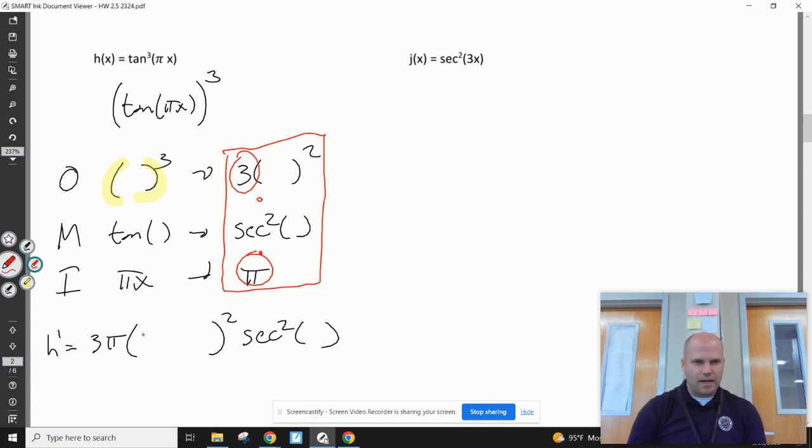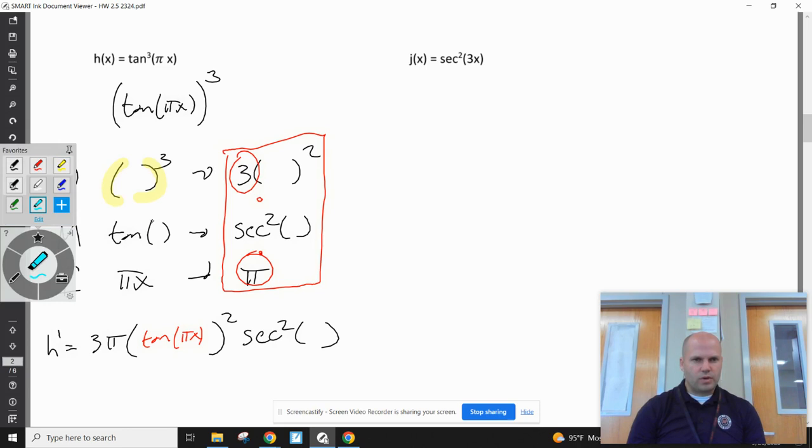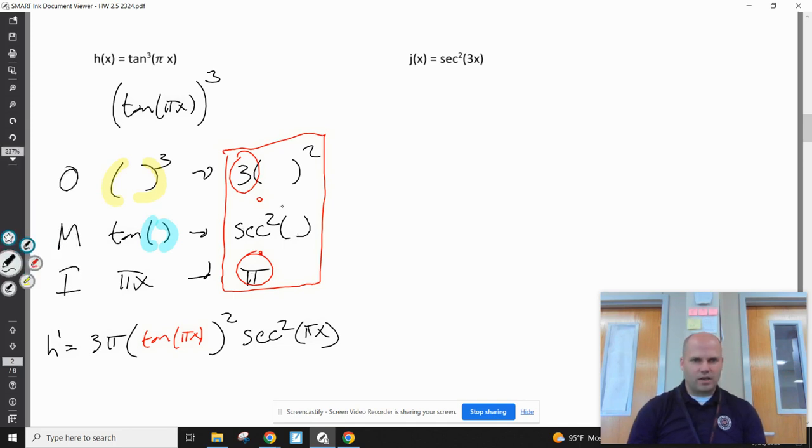That's the tangent pi x. What started in the tangent parentheses stays in the smaller parentheses. That's pi x. Okay, so it's not this goes in here and that goes in there. That's a big mistake. It's like multiply the things together. What starts in the parentheses stays.